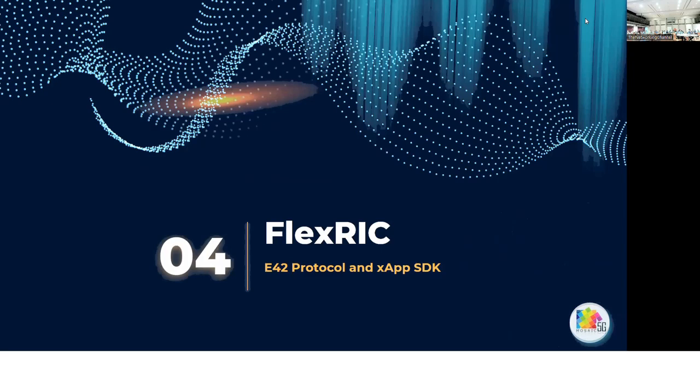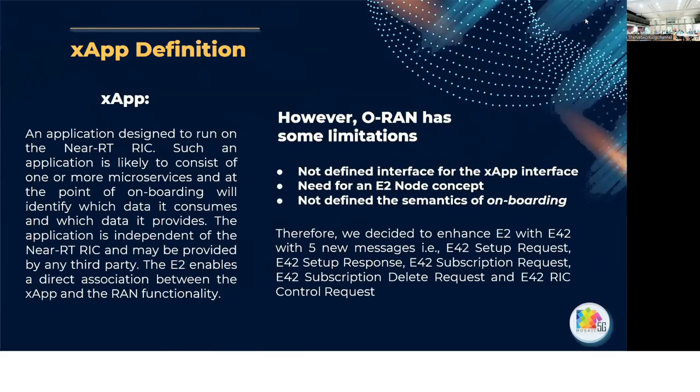Okay, maybe I answer a little bit the question of Irfan here with the xApp. This is the xApp definition according to ORAN. In the standard, you find this definition: an application designed to run on the near real-time RIC, and it will consume some of the data that are coming.